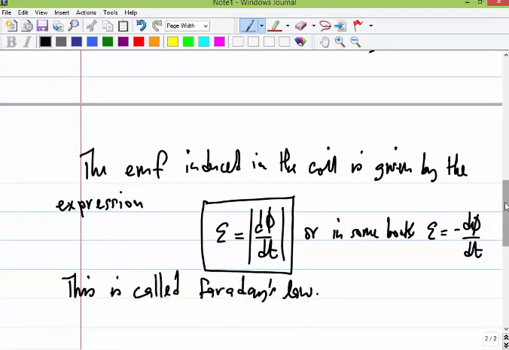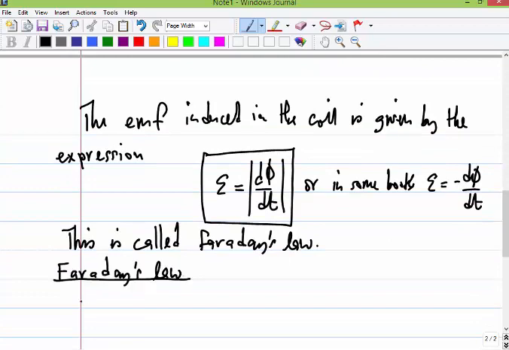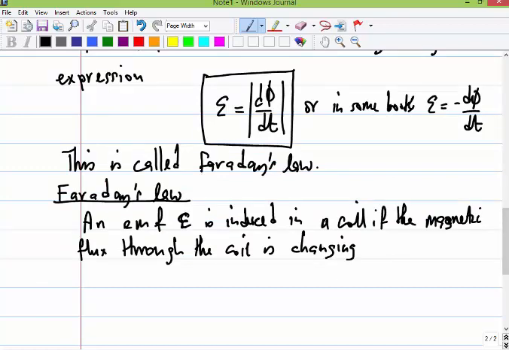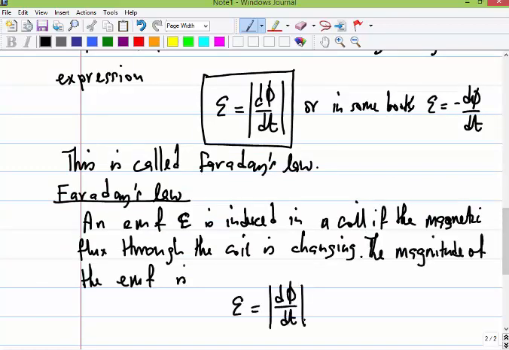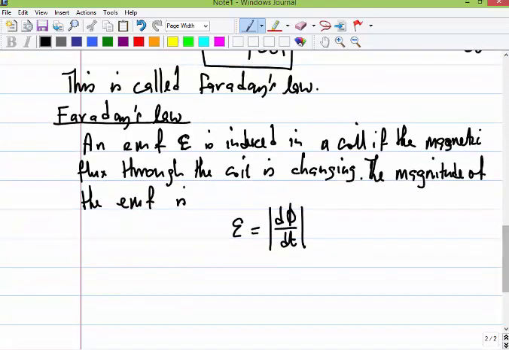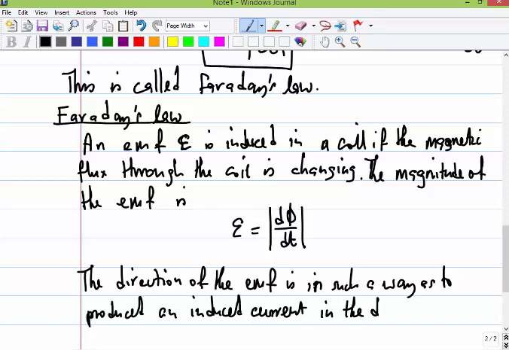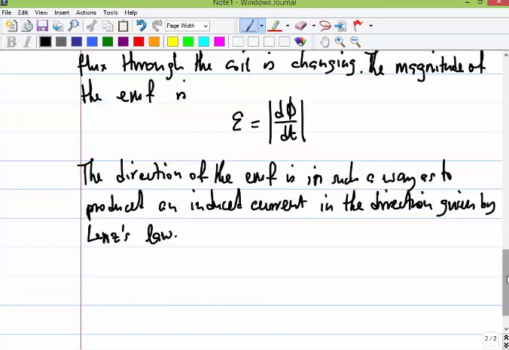The statement of the law is as follows. An EMF is induced in a coil if the magnetic flux through the coil is changing. The magnitude of the EMF is given by this, and the direction of the EMF is found by using Lenz's law. The direction of the EMF is in such a way as to produce an induced current in the direction given by Lenz's law. This assumes that we have one coil.